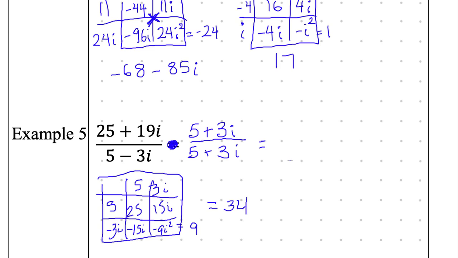What did you multiply? Did you do 5 minus 3i times 5 plus 3i? I thought it would go on the top. You multiply the bottom times bottom to get the bottom. You multiply straight through for fractions. Oh, I knew that.